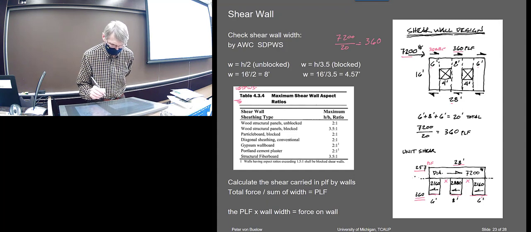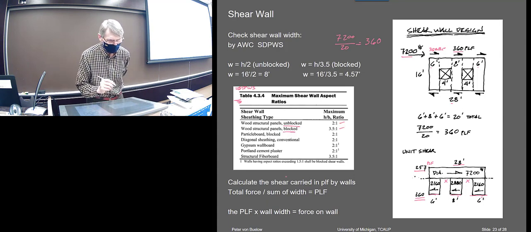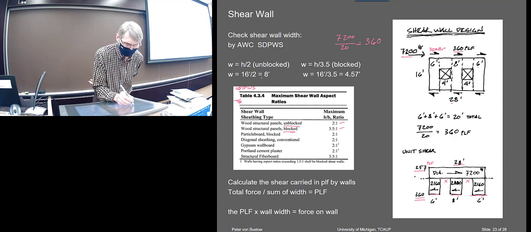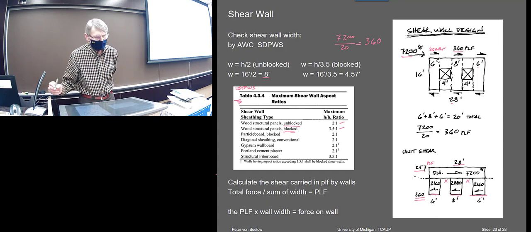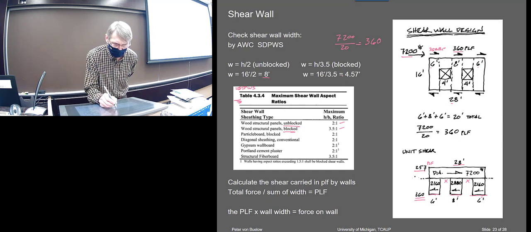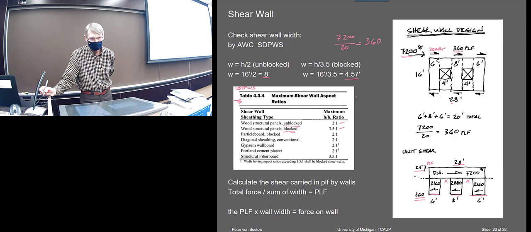Right. Okay. So for unblocked, it's 2-to-1. For blocked, it's 3.5 to 1. So I did both here. For unblocked, the minimum width is 8 feet, and for blocked, it would be 4.5 feet.